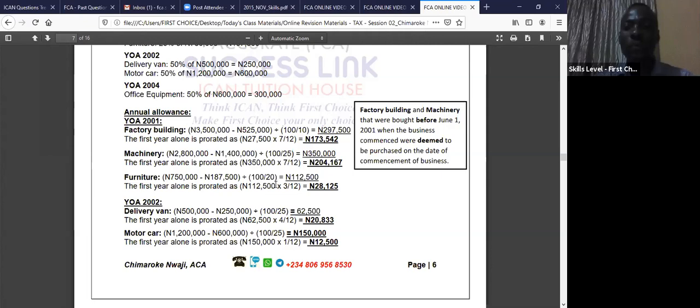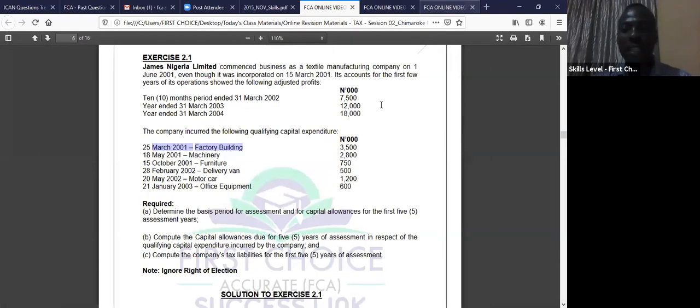From the month of October. So October, November, December is 3 months out of 12, and you get 28,125. That is how I got this figure here.